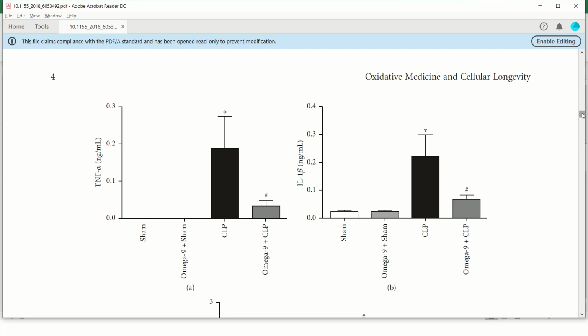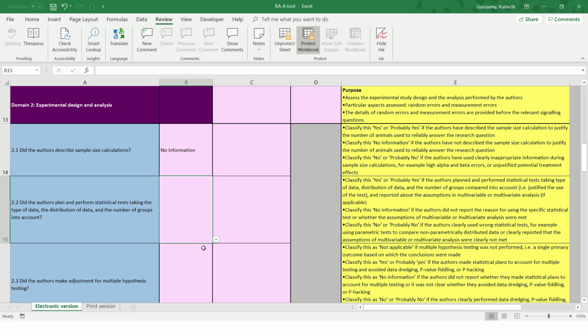But here they are using an ANOVA, so that's appropriate. So here for the first time, I would say yes. And here I'm going to write no, probably yes, because the authors did not clearly say that they used median when the distribution was parametric or non-parametric.